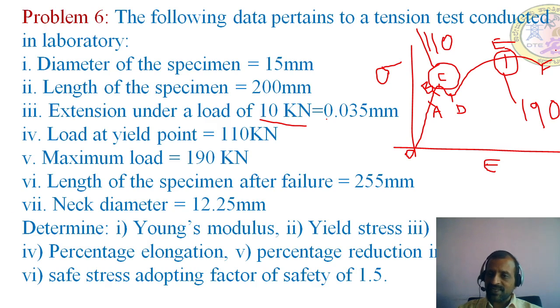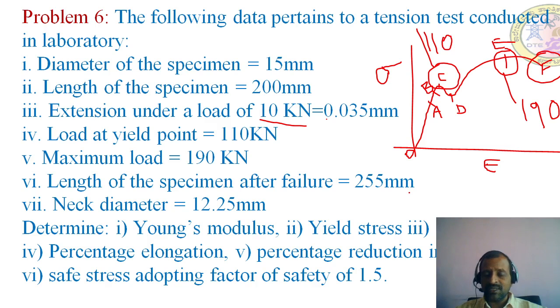Where does it fail? At F point. After failure, what would be the length of that specimen? The length will be 255 mm. But what was its earlier length? It was 200 mm. Then after fracture, how much is the increase in the length? That is 55 mm increase in the length.